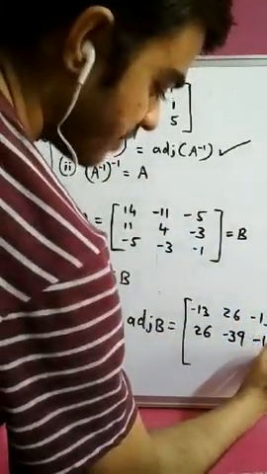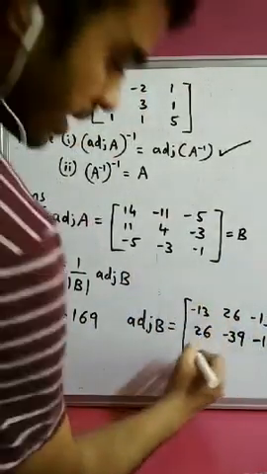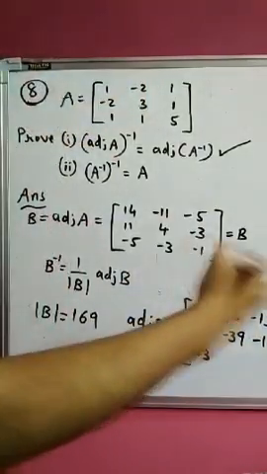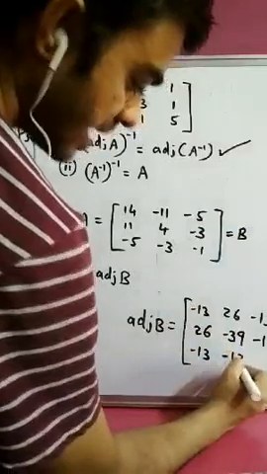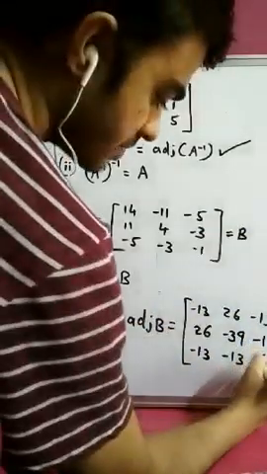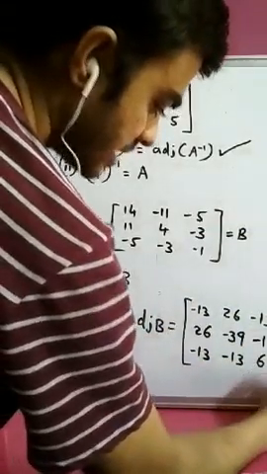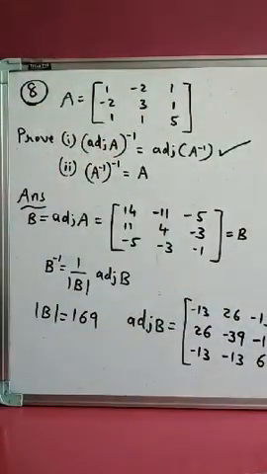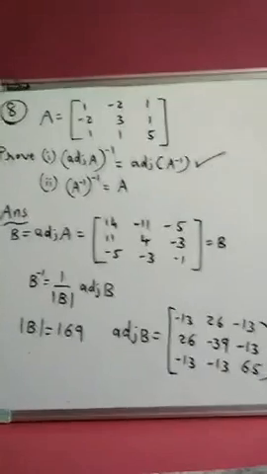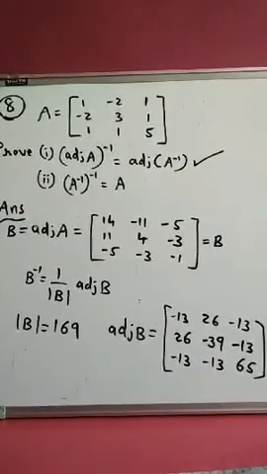You can verify your answers from the board. I am not doing the whole procedure because we have done similar steps in the exercise many times, so here you just have to check your answer.